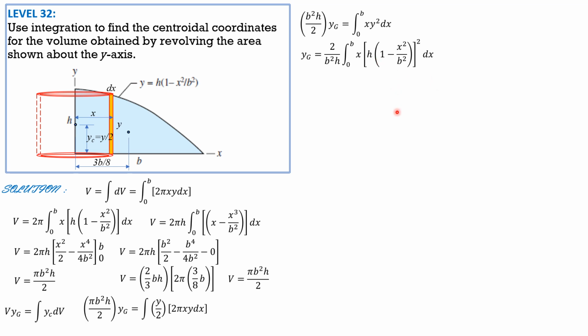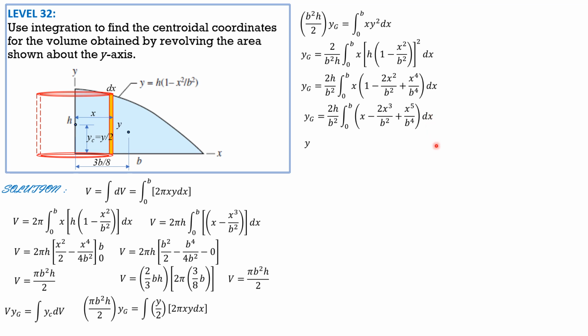Expanding, so we have y sub g equals 2h over b squared after we cancel h in the denominator. Then we have x times 1 minus 2x squared over b squared plus x to the fourth over b to the fourth dx. y sub g equals 2h over b squared, quantity integral of x minus 2x cubed over b squared plus x to the 5 over b to the fourth, then dx.